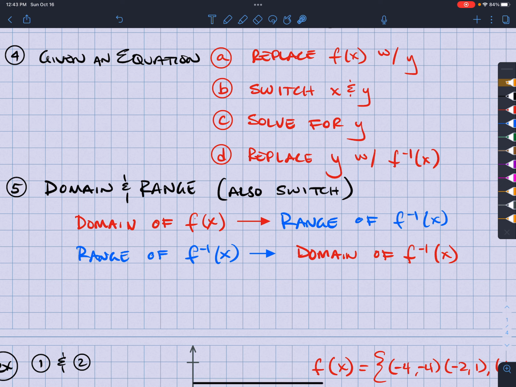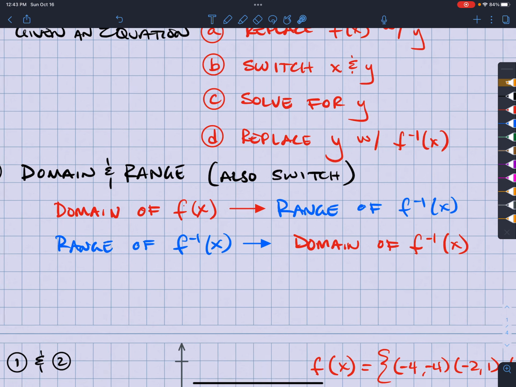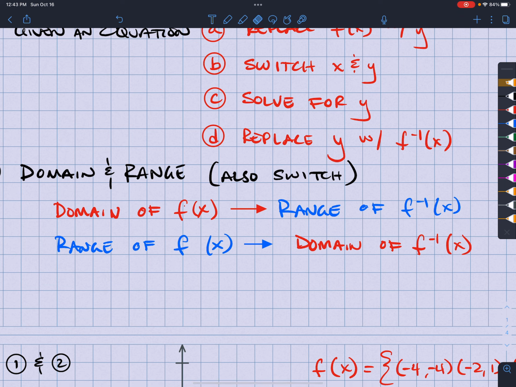Those will also switch. So the domain of the original function will become the range of the inverse, and the range of the original will become the domain of the inverse.